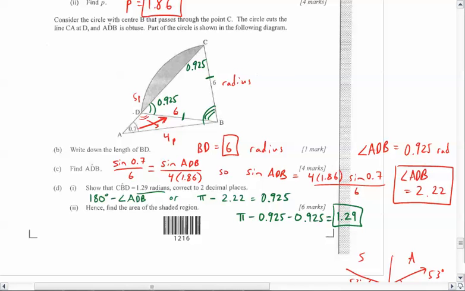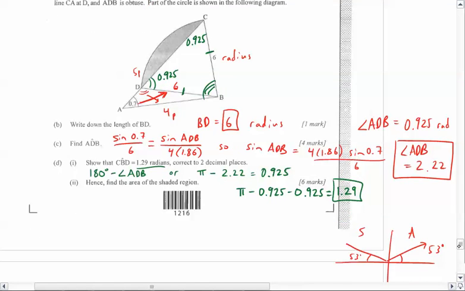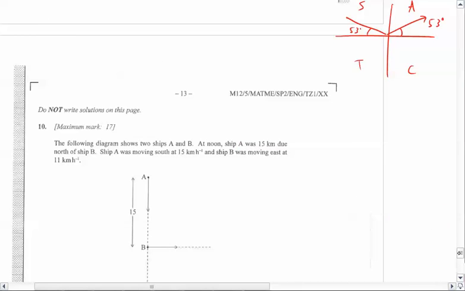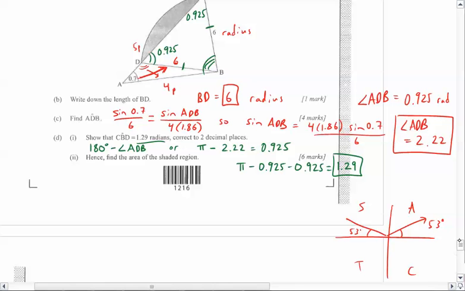So in order to find the area of the shaded region, I can find the area of that part of the circle minus the area of the triangle. I actually don't have a formula sheet on hand, so I'm going to try to do this another way. The area of the circle is just the area of a whole circle, which is pi r squared, times whatever fraction of a whole circle I have.